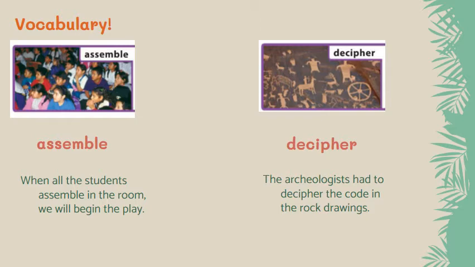Since they are unclear, when there's something unclear and you need to understand, you have to make it clearer. So you have to decipher it. So they want to discover the meaning of the drawings, for example, or to get a meaning out of something. So when we say decipher, we mean you have to get the meaning of something that is unclear.